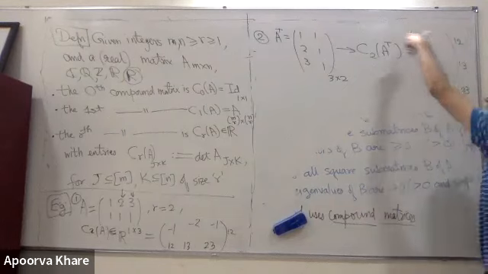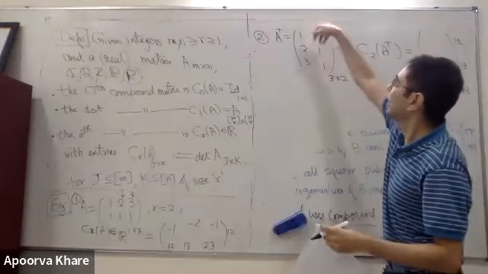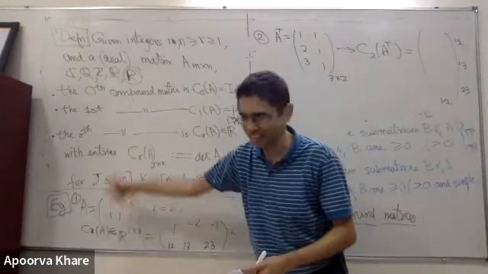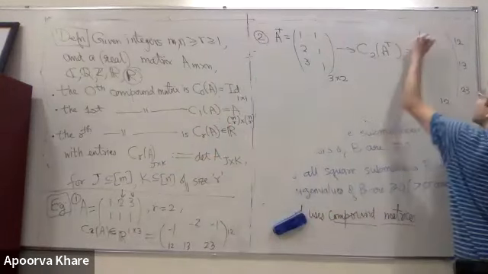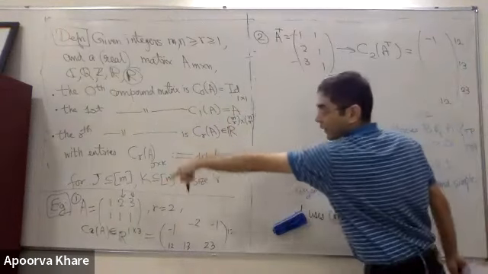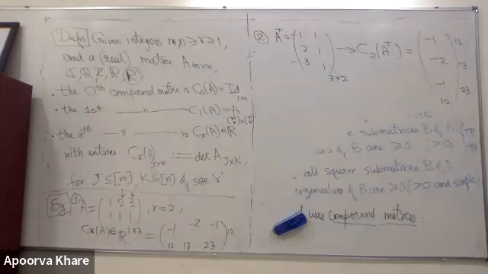What are the entries here? It is the first row and the second row of this matrix and the first 2 columns. But that is exactly the first column and second column of the other matrix and the first 2 rows. So you get minus 1 here. Same with 1, 3, which corresponds to the 1 and the 3 columns there. So you get minus 2 here and minus 1.